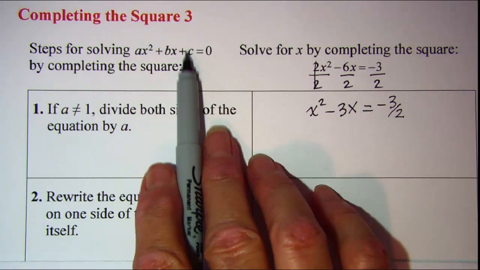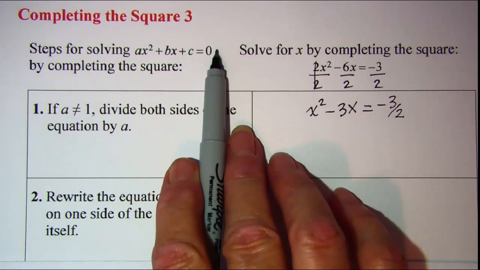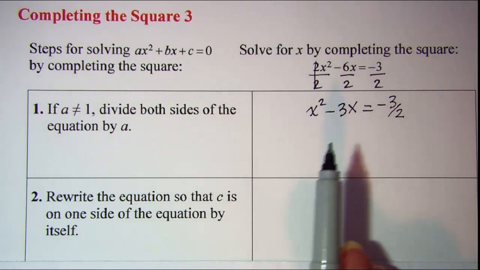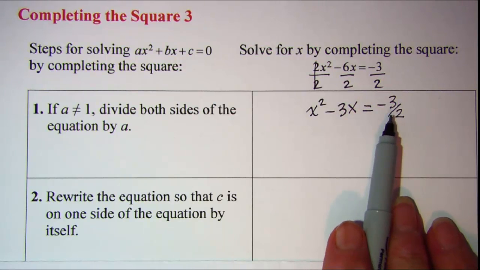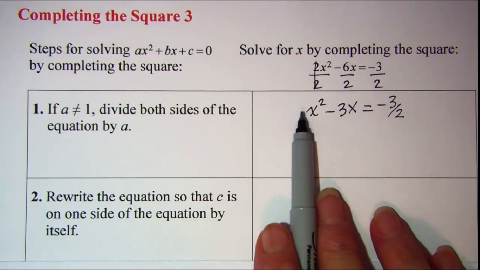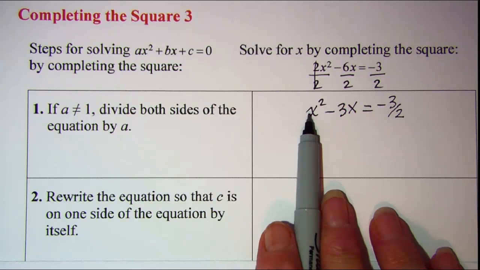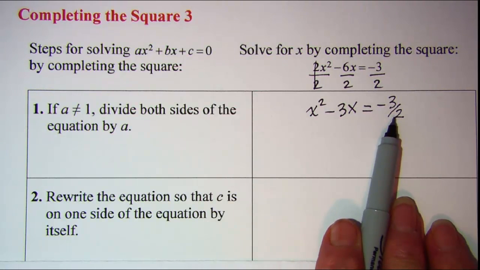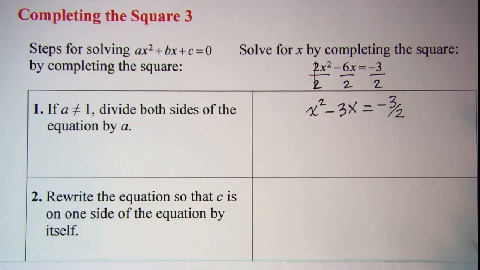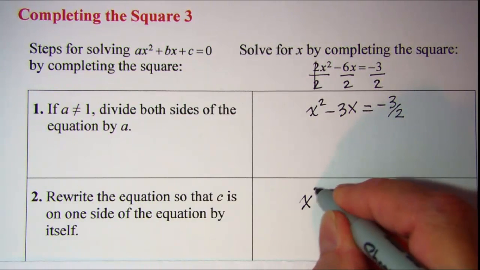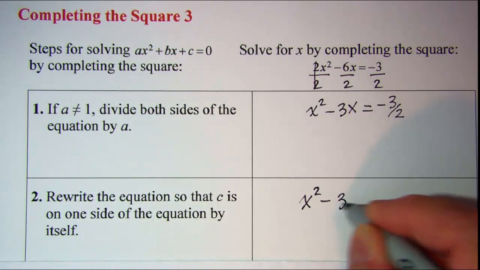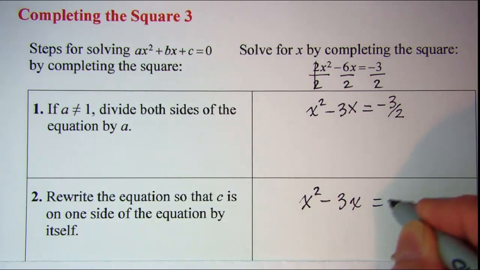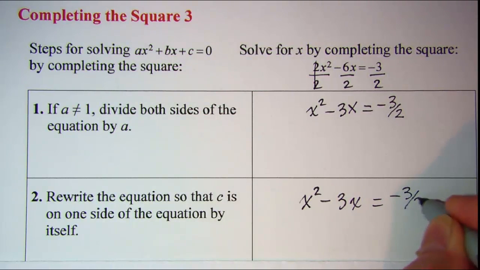So we need to move that c to the right side if it's not already over there. But in this case, we have our x squared on the left and our x on the left, and the c is already over on the right side. So I'll just copy that. That's really not a step that we need to do in this case because it's already over there.